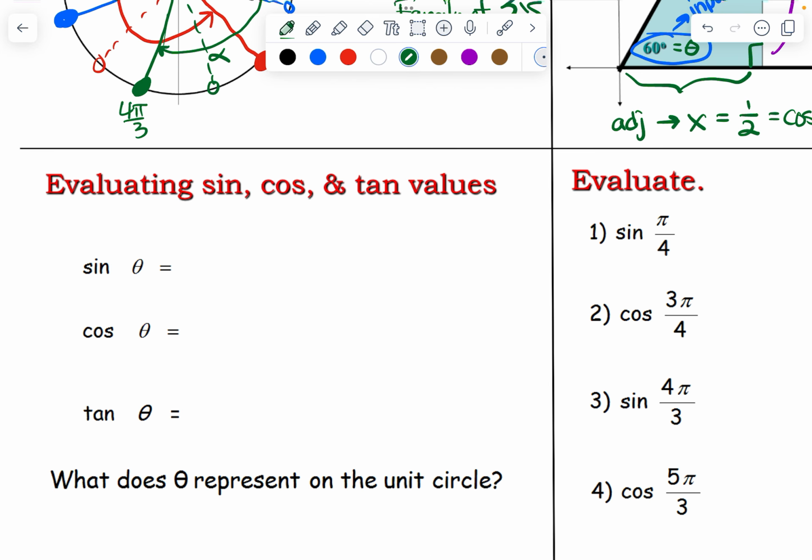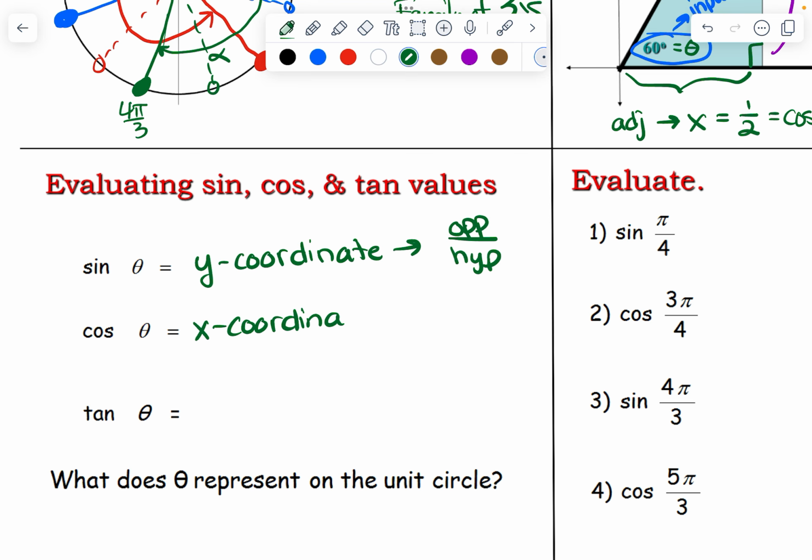So just a quick wrap up, sine theta is going to be the y-coordinate, which based on SOHCAHTOA is opposite over hypotenuse. The cosine theta will be your x-coordinate of the unit circle, which is adjacent over hypotenuse.